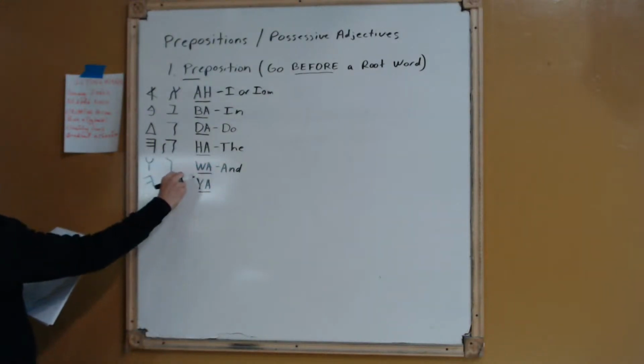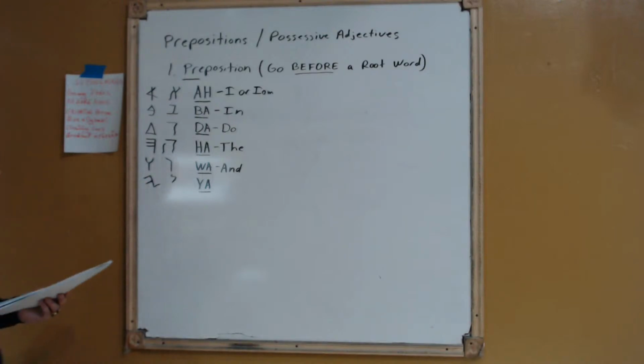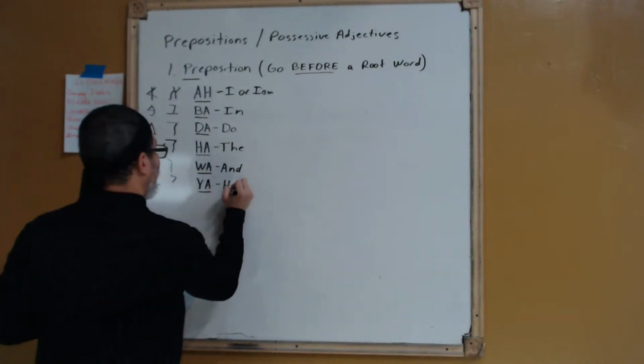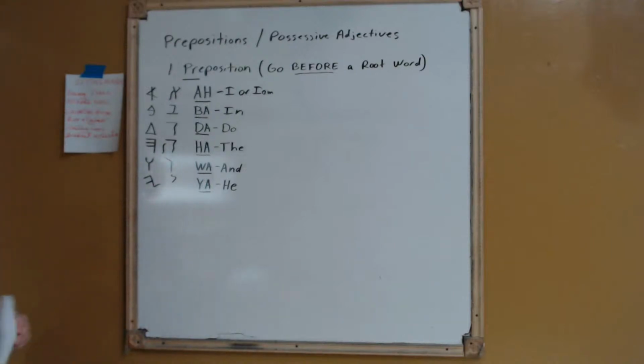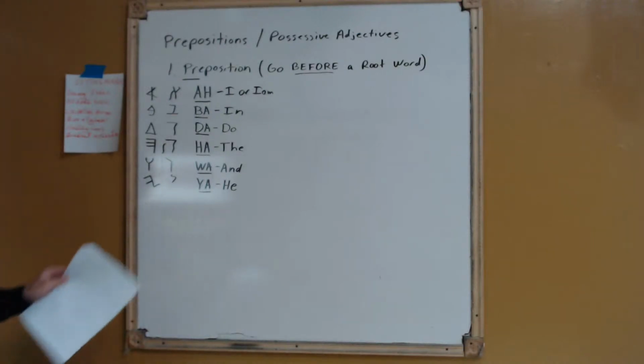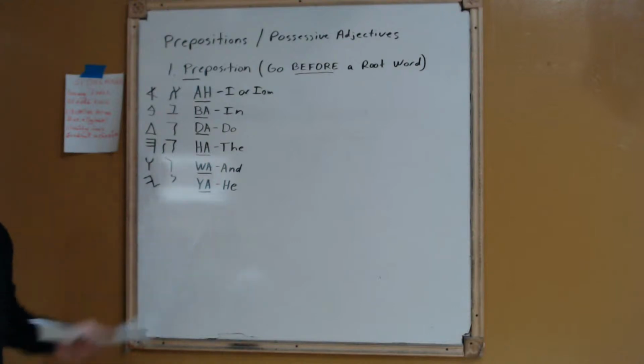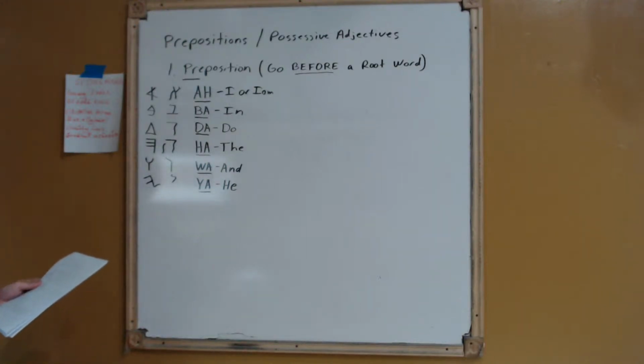It's the smallest symbol that you see. That actually could go for "he". So if a word starts with ya, it actually can mean "he". That's a preposition. Speak up. Okay.